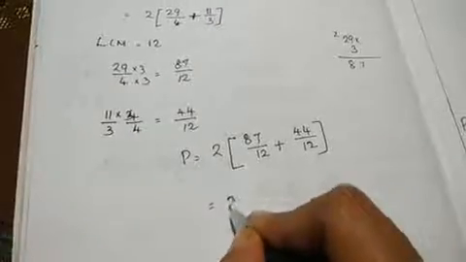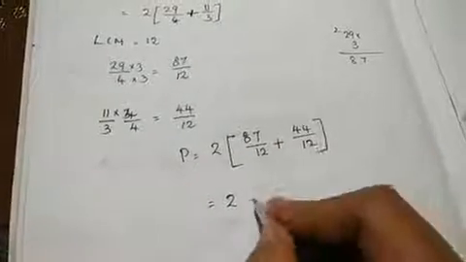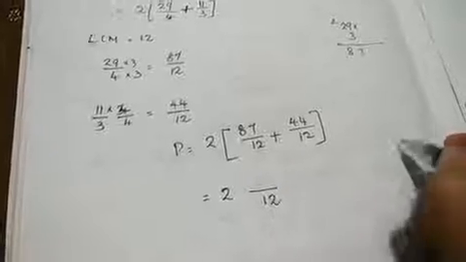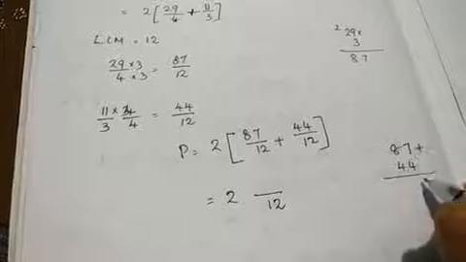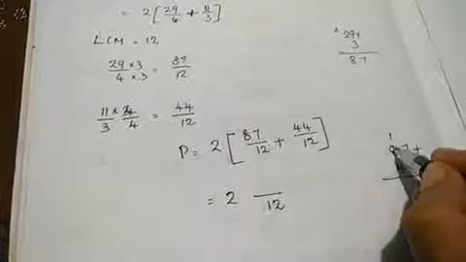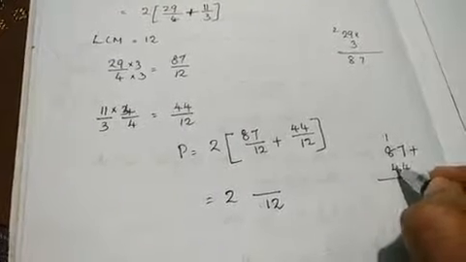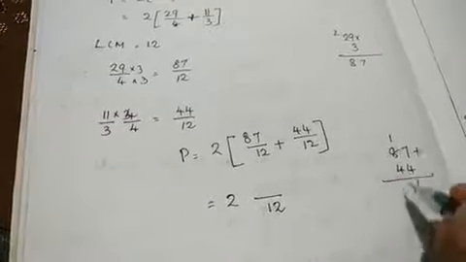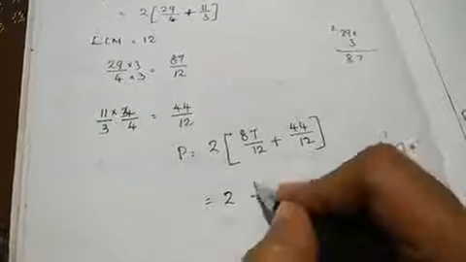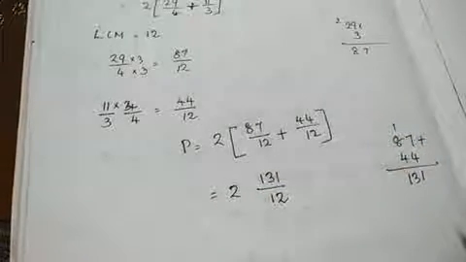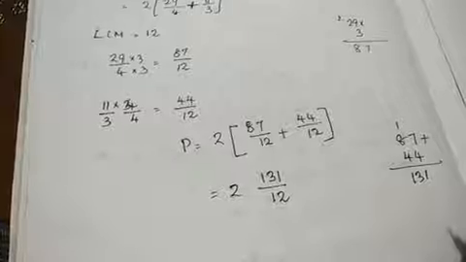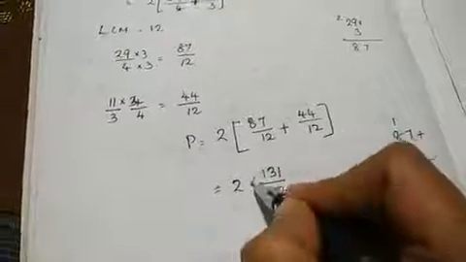So easily we can add this numerator 87 plus 44. 7 plus 4, 11, carry over 1. So 8 plus 4, 12 plus 1, 13. So the answer is 2 into 131 by 12.